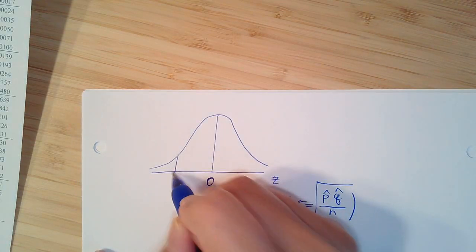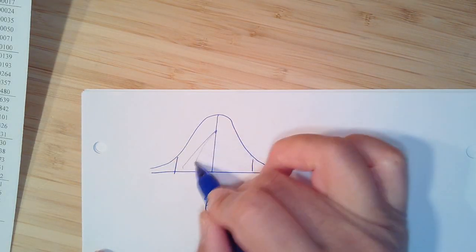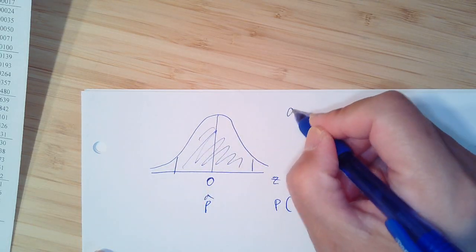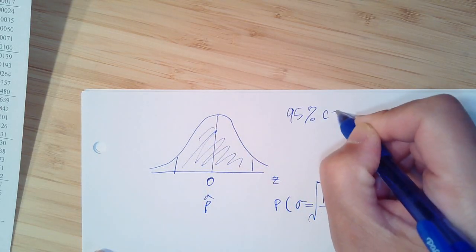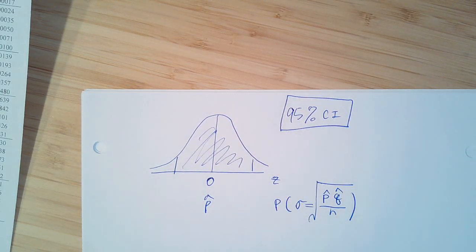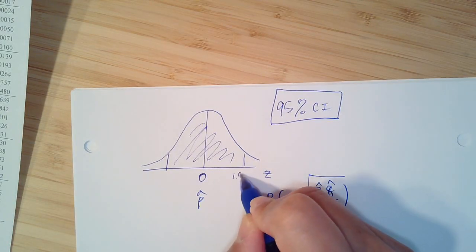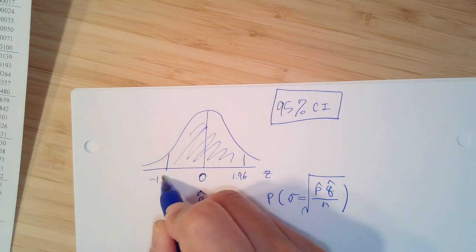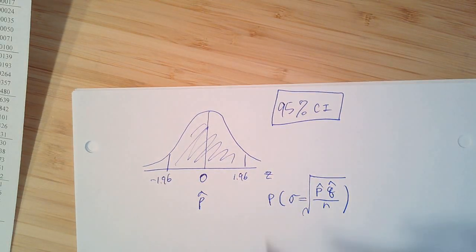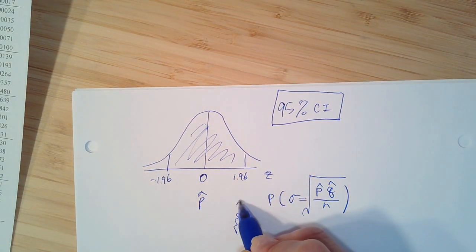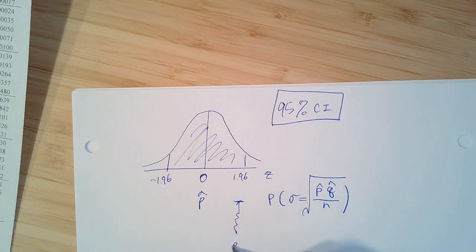Now, if you have 95%, I always use 95% confidence interval because this is very frequently used. If it's 95% confidence interval, then I know here's 1.96 and here's 1.96. So in order to get this number, that is going to be p hat plus 1.96 times the square root of p hat q hat over n.